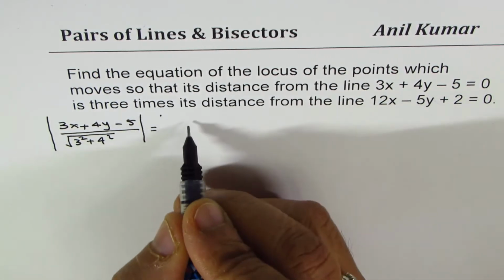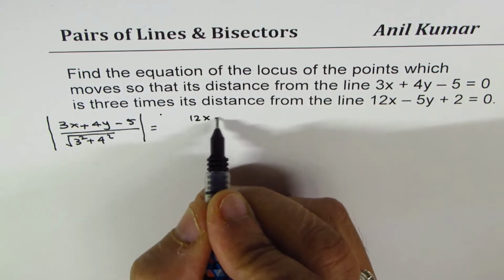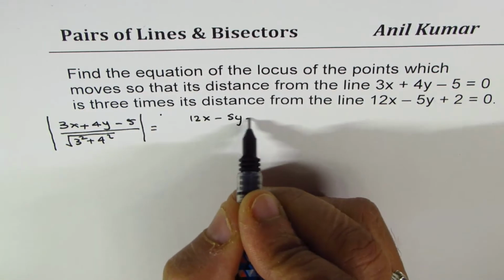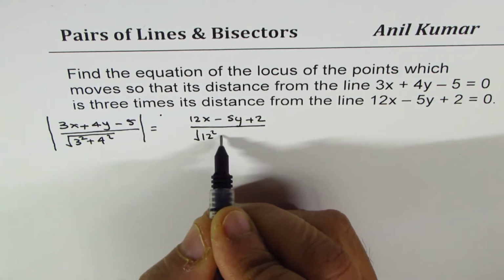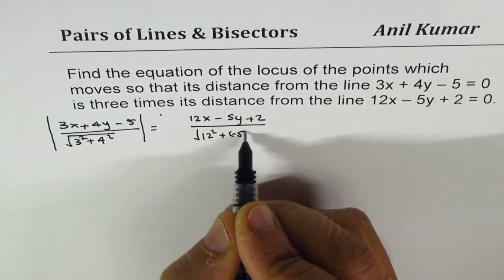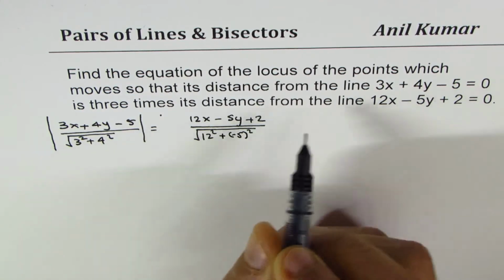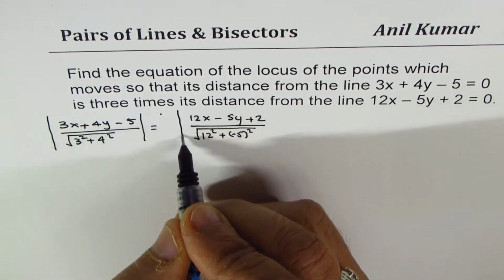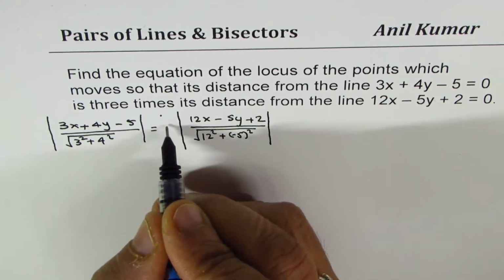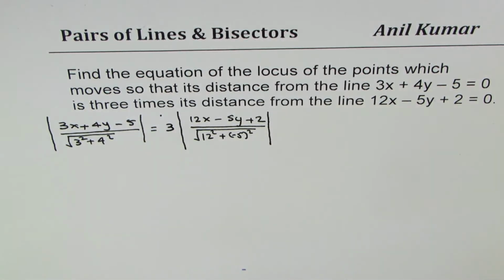From the other line, it is 12x minus 5y plus 2 divided by square root of 12 square plus minus 5 square, you can write here. And as you know, this distance is 3 times that, so we'll multiply this by 3. So that is how you get your equation to work with.